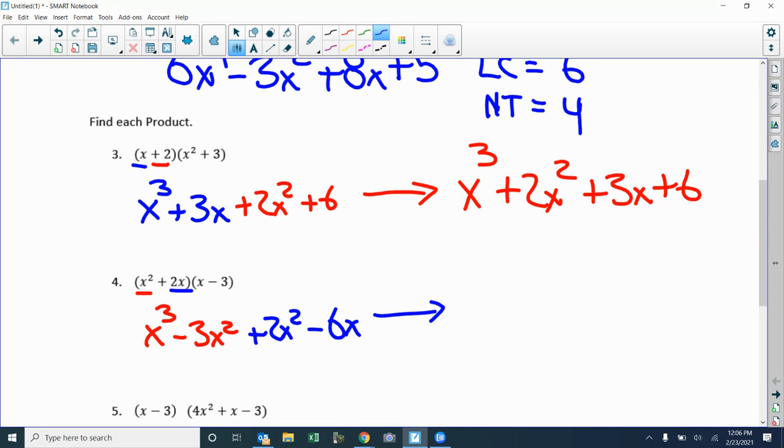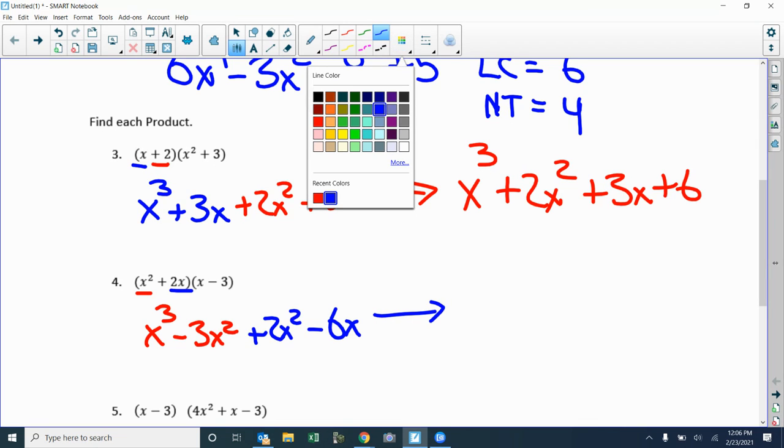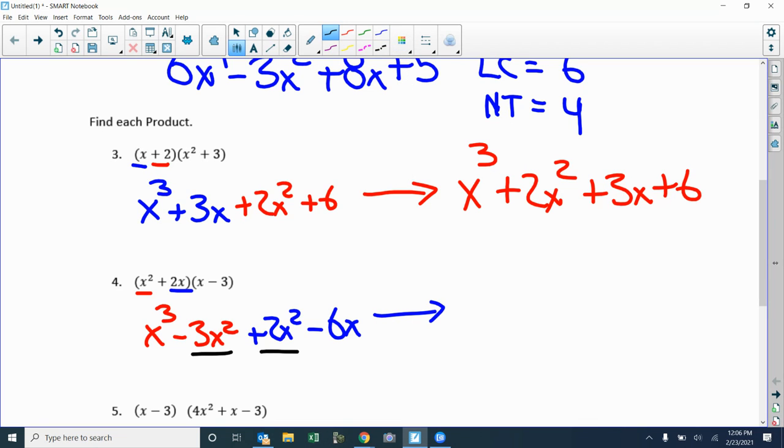Well, guess what? We have some like things here. Standard form, I'm going to go with the x cubed first. I have minus 3x squared plus 2 is just going to give me one of them, minus x squared. So minus 3 plus 2 gives me a minus one of them.